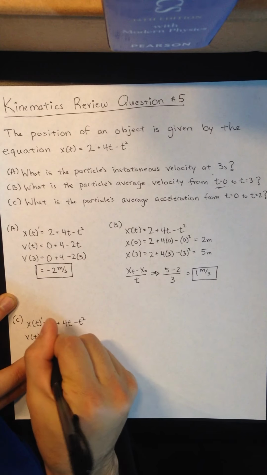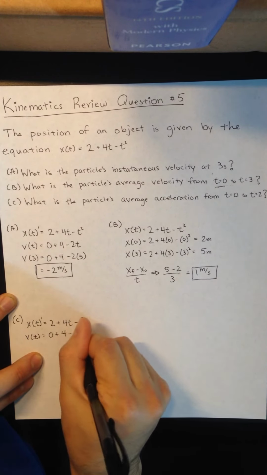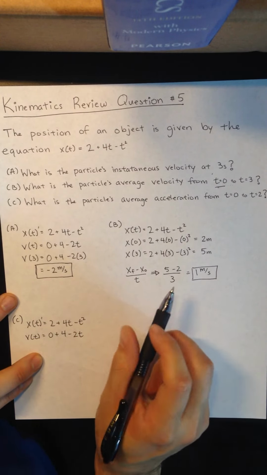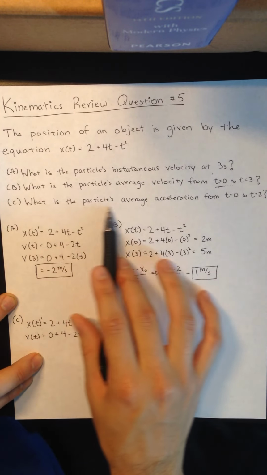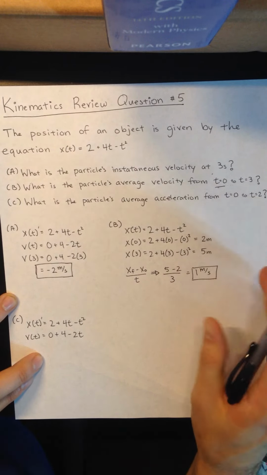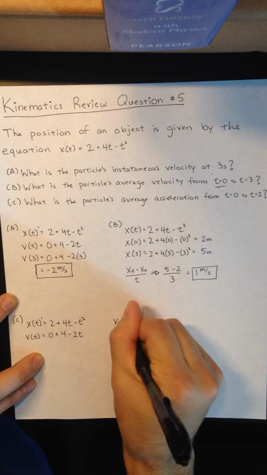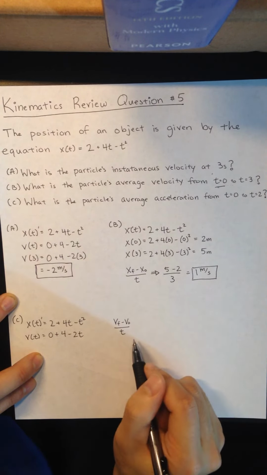Velocity as a function of time is equal to 0 plus 4 minus 2t. So we can do it this way first. We're going to be looking at this formula: v final minus v initial over t, and this will give us the acceleration.